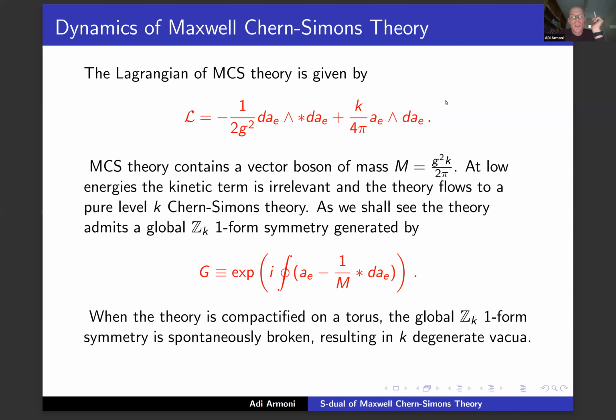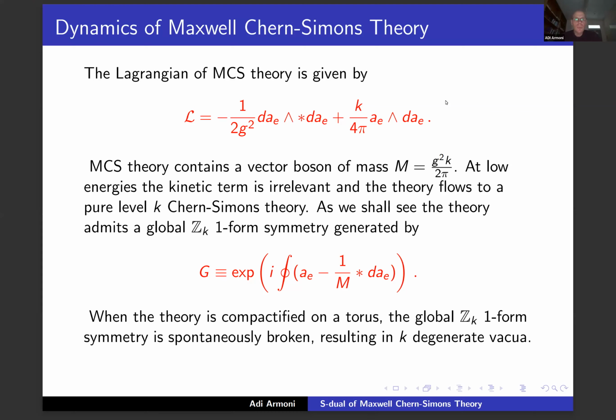Moreover, when the theory is compactified on the torus, this one-form symmetry is spontaneously broken, and we have K degenerate vacua. I'm mentioning all that because it will be important when I discuss, in the next slide, the previous attempts to find the S-dual. It's important to know that there is a global Z_K one-form symmetry which is spontaneously broken. So obviously the S-dual has to capture these dynamics. And that was overlooked in previous attempts, as we shall see.